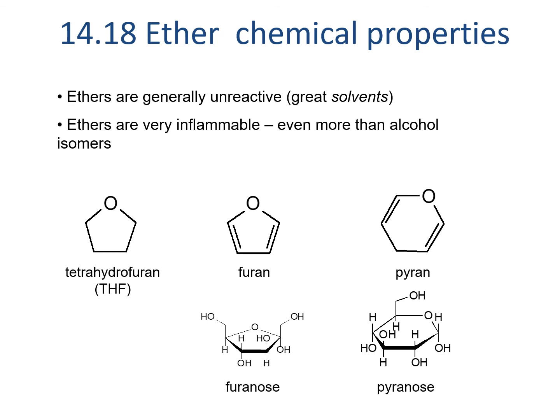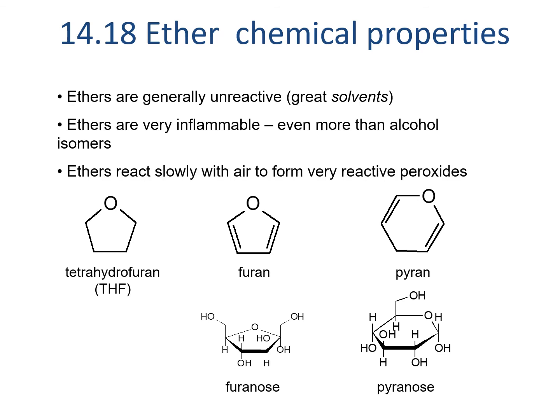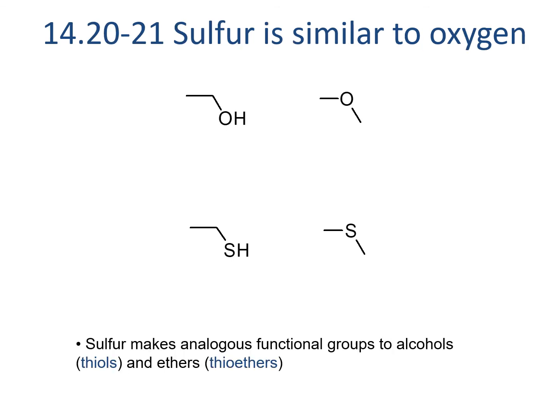Ethers can also react slowly with air to form peroxides, which have an oxygen-oxygen single bond. These peroxides are really explosive, so if you heat up an ether solvent too much, it might start on fire. I've definitely seen that happen. And if you let it all evaporate and keep heating it up, it might actually explode. I thankfully have not seen that happen. But other than the fire thing and the explosion thing, these really are great solvents.